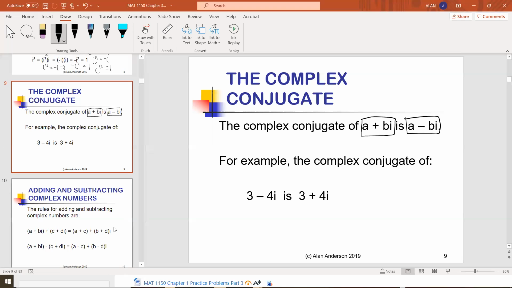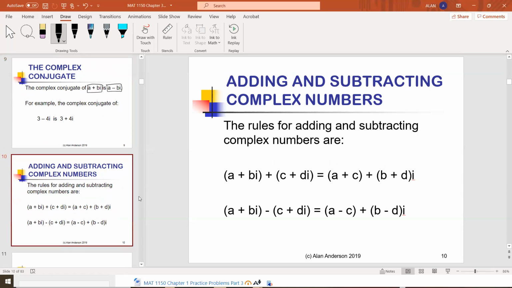Okay. Now, can we perform algebraic operations on complex numbers? Besides squaring and raising i to different powers, yes, we can, as long as we're careful. So let's say we have these two. We can consolidate the real parts into a single expression, and then we can consolidate the imaginary parts.